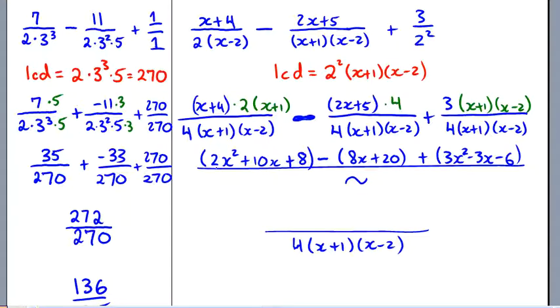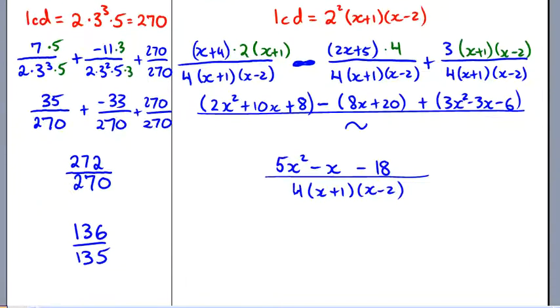And now what do we have? A 2x squared and a 3x squared. We have 5x squared. For x, it's 10 minus 8 minus 3, so minus an x. And then for the numbers, we've got 8 minus 20 minus 6. That's going to be minus 18.